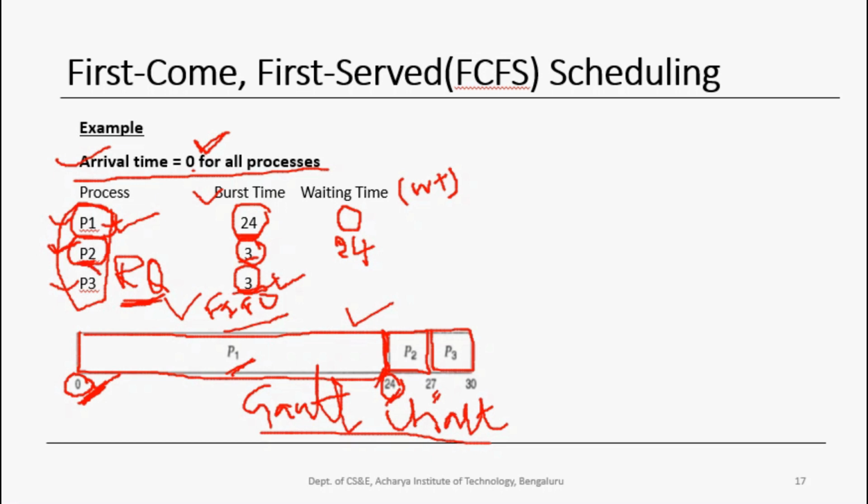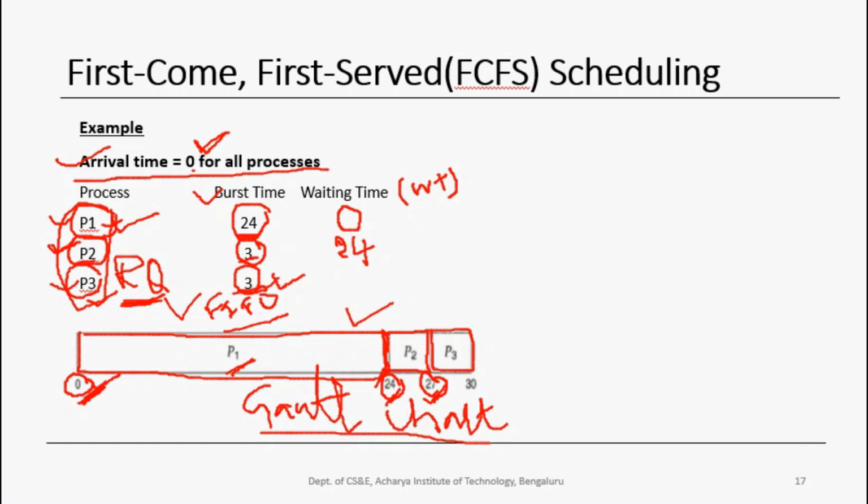Similarly, P3 also comes into the ready queue at more or less t is equal to 0, but it is making the request for CPU after P2. We have taken it that way. It is the last process in the ready queue, so it is selected for execution on CPU after P2 completes. So P3 will start its execution at 27.